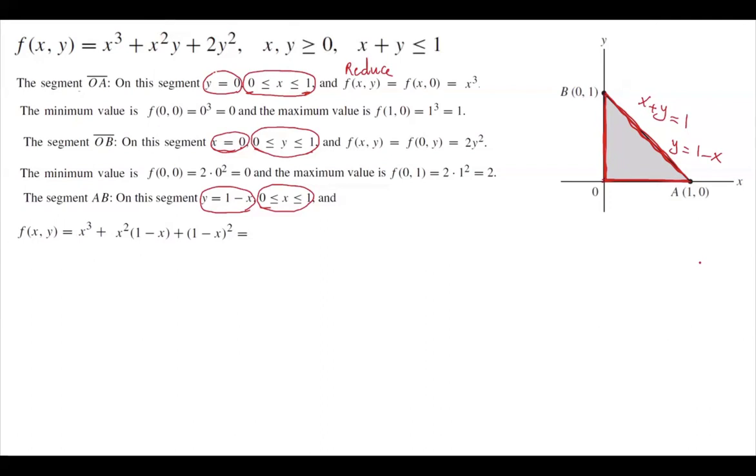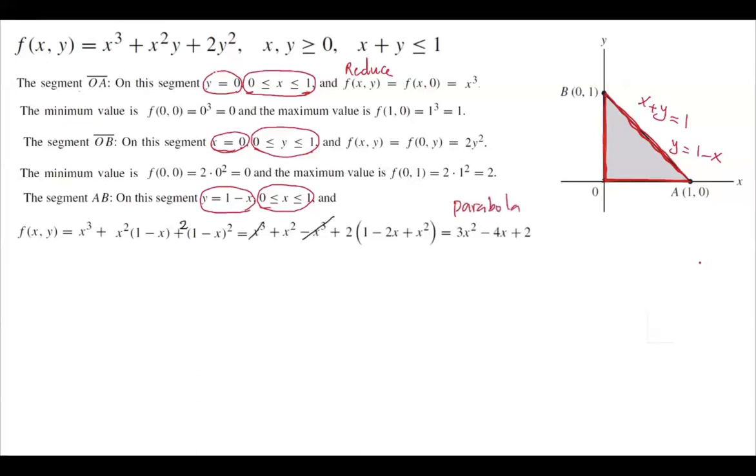Before we forget, we're going to add that as well. This simplifies our function into x cubed plus x squared minus x cubed plus 2 times 1 minus 2x plus x squared. You can get rid of opposite terms. It becomes 3x squared minus 4x plus 2, which is basically another parabola.